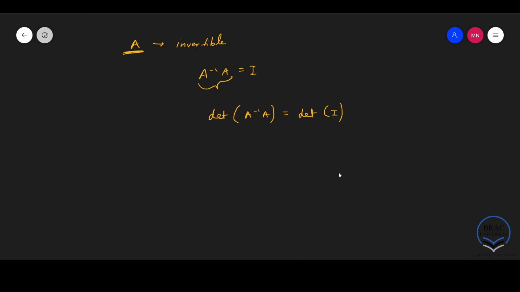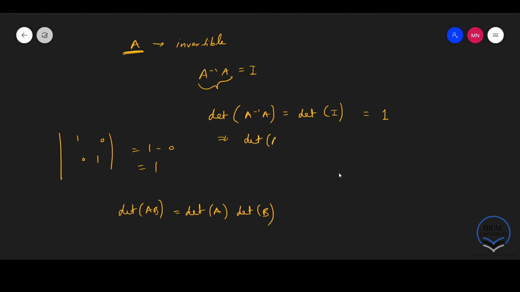And what is the determinant of the identity matrix? This is just equal to 1 times 1 minus 0, which is just 1. We also know from previously that the determinant of A times B is equal to the determinant of A times the determinant of B. So this becomes the determinant of A inverse times the determinant of A, and this is equal to 1.